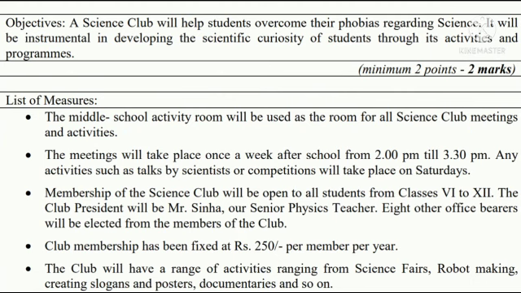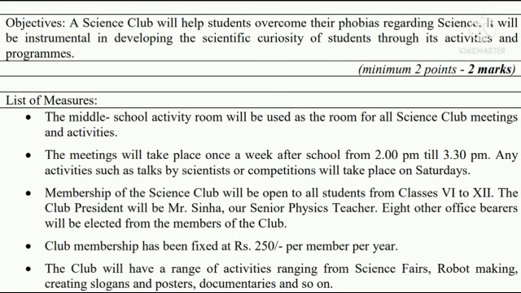The next one is objectives. Objective means aim. A science club will help students overcome their phobias, that is fears, regarding science. It will be instrumental in developing the scientific curiosity of students through its activities and programs. See, the objectives should be written in a paragraph. You're not supposed to write the objectives in points.